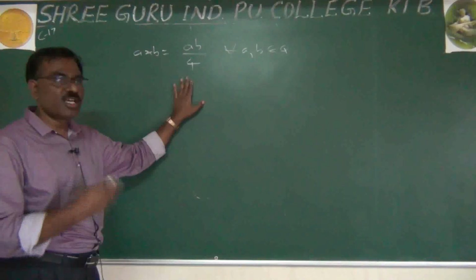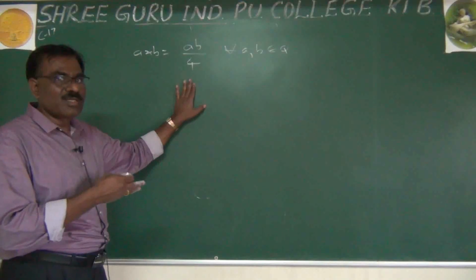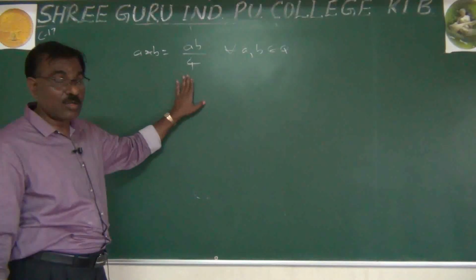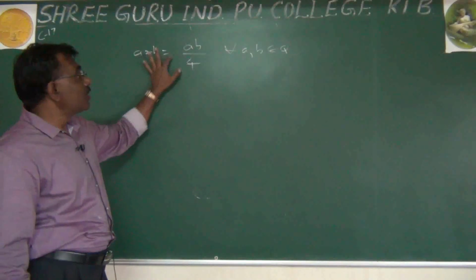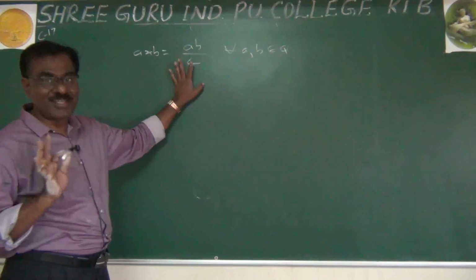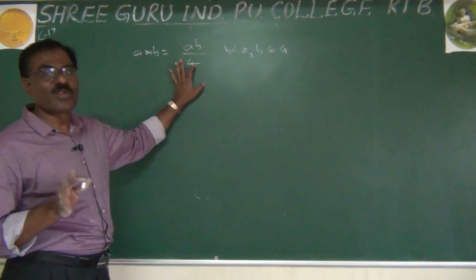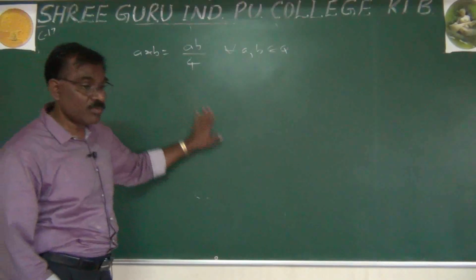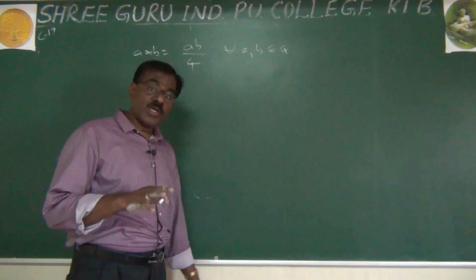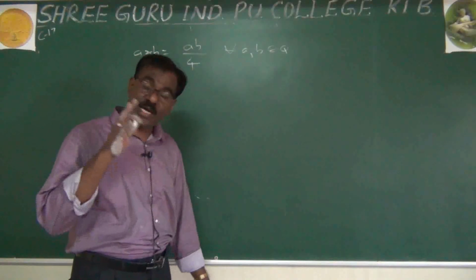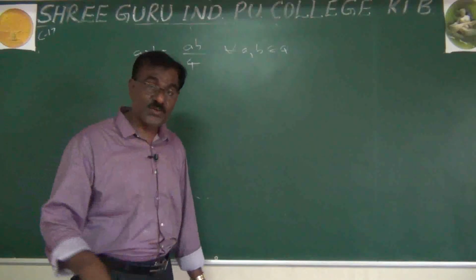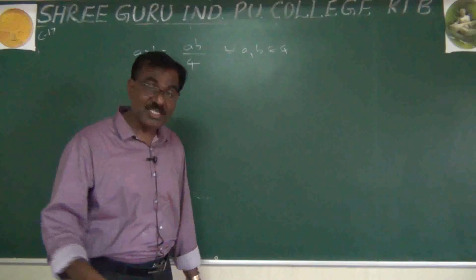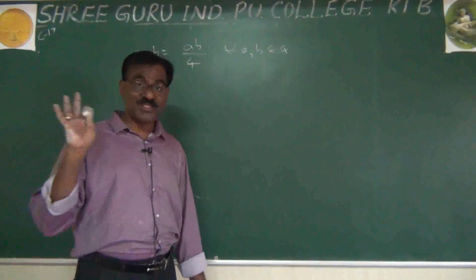I repeat many times, even in third or fourth grade we did this operation. Without solving, we know the answer: star is commutative, star is associative, identity exists and inverse also exists.